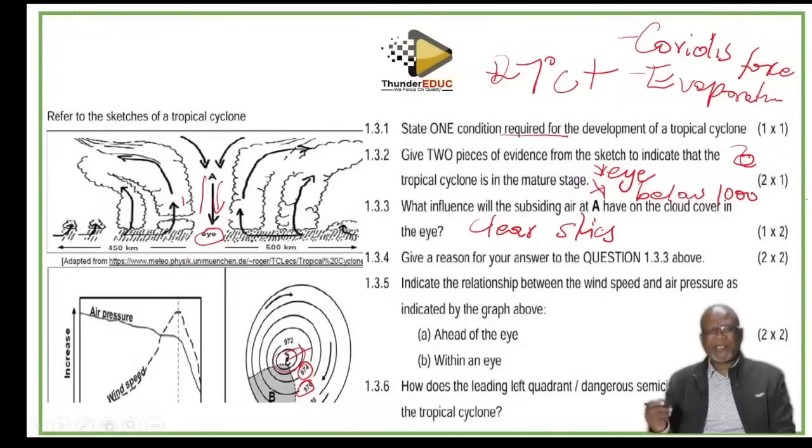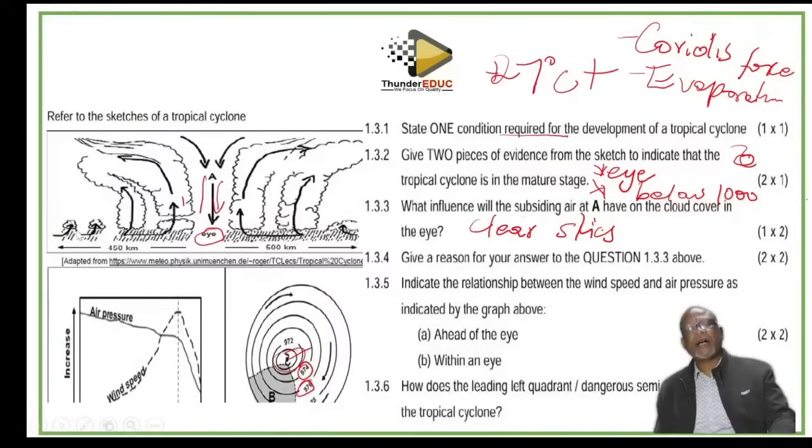The adiabatic heating that we experience when we're talking about air occurs, number one, with the berg winds. Why are berg winds hot and dry? Berg winds are hot and dry because they are heated adiabatically, meaning that as the air descends, it is heated.